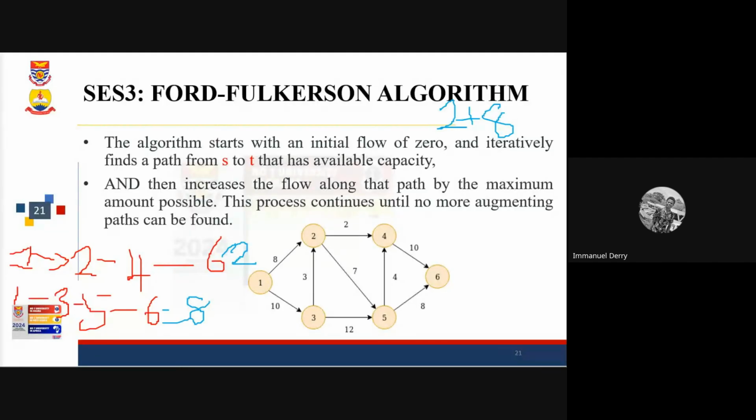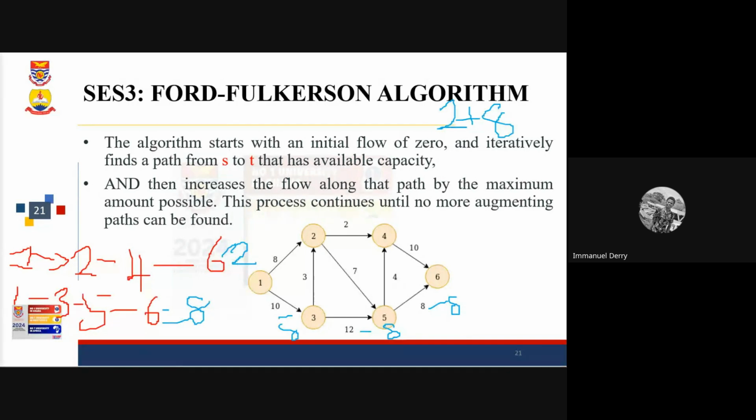You have to now update the path. And updating the path literally means that you subtract the least value from all the weights on the edges of that path. So here is going to be minus 8. This is going to be minus 8. This will be minus 8.